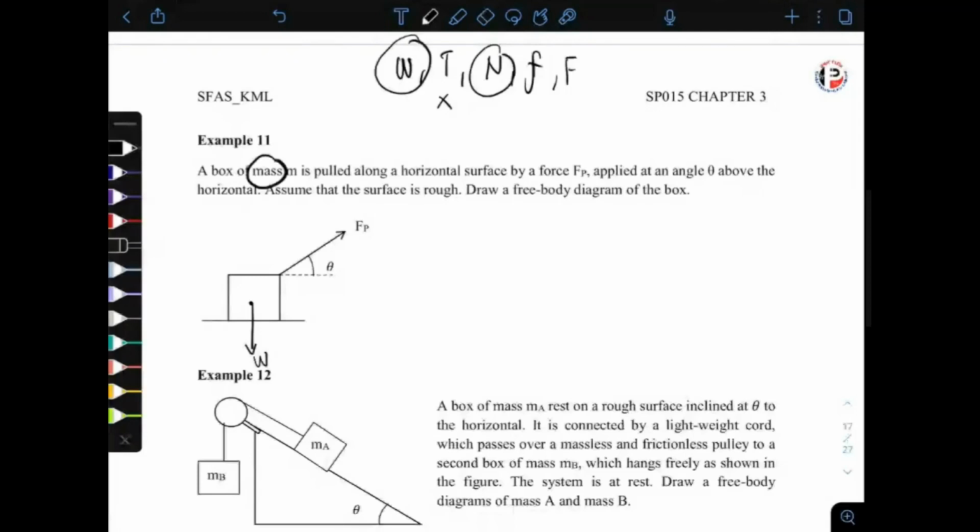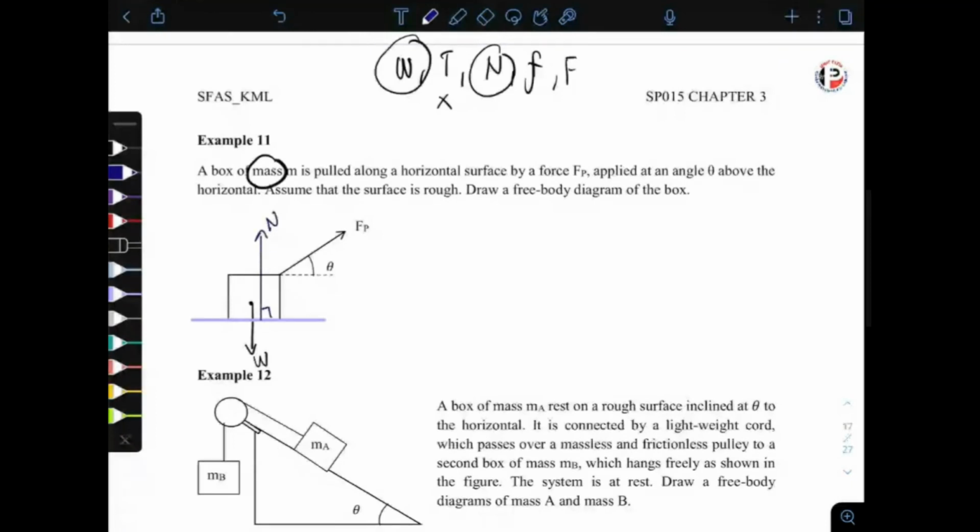Yes, dia bersentuhan dengan permukaan dan ini adalah permukaan kamu. Therefore, what is the direction of your normal force? Ke atas, sentiasa 90 degree ataupun perpendicular to your surface. Ini adalah direction of normal force kamu.